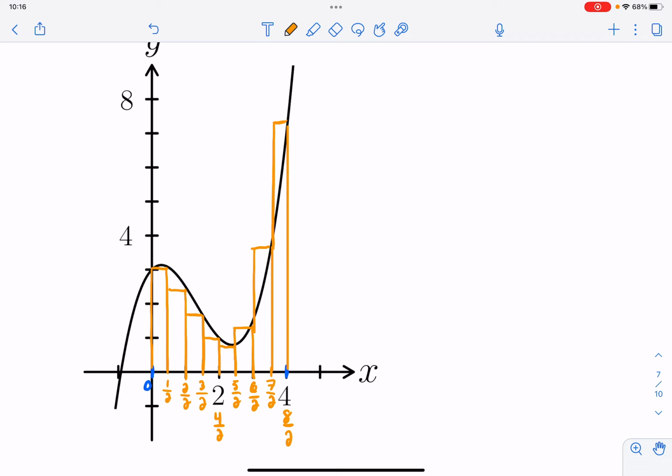And what you'll see here is that this is neither a strict over nor strict under approximation. Some of these rectangles are under approximations, some are over approximations. This is because we're stuck using the right endpoint approximation, and our function is switching between concavities and increasing, decreasing, so the shape of the function is informing the over or under approximation of our Riemann sum.